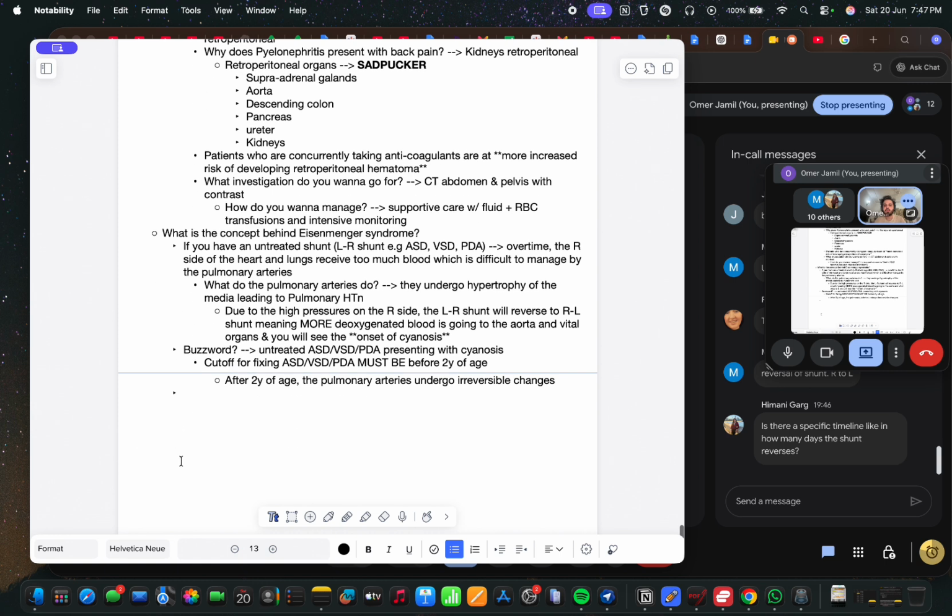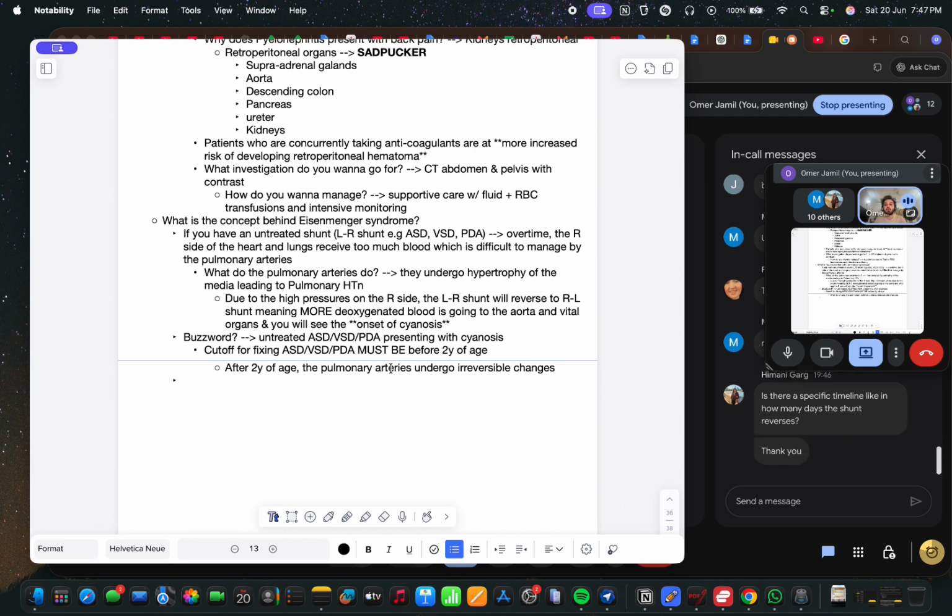One thing I want to bring to your attention. If you ever see a patient with a long-term left to right shunt, and they don't specify which, it could be anything, and cyanosis started, but it's more pronounced in the lower extremities, what are you thinking here?